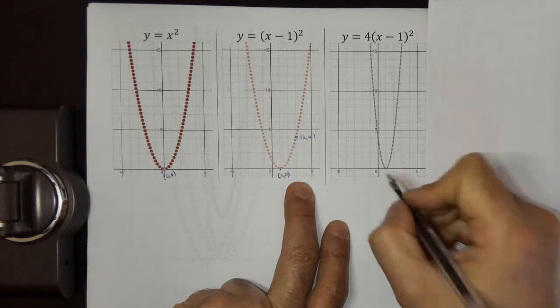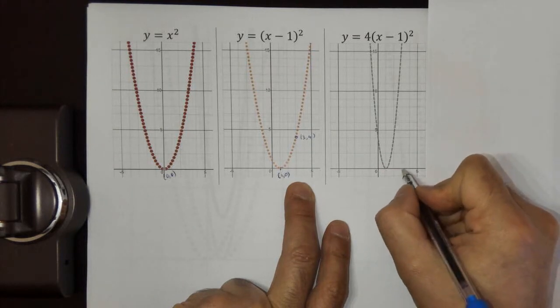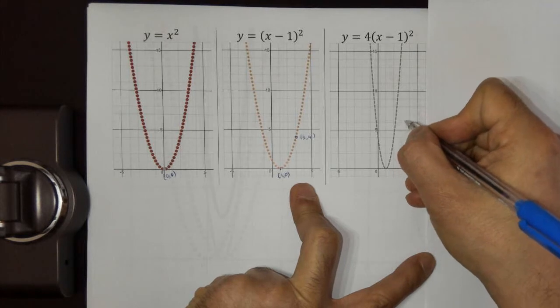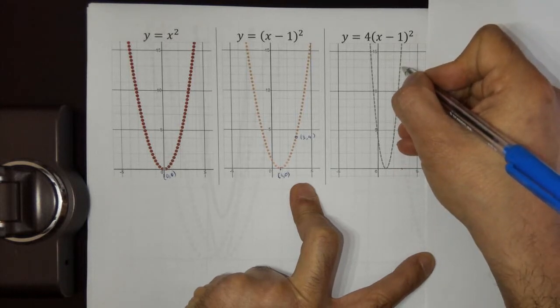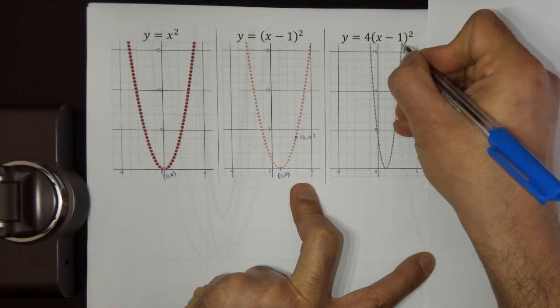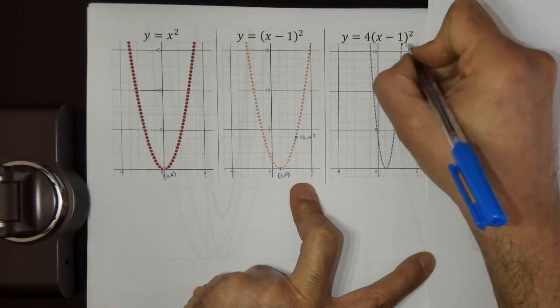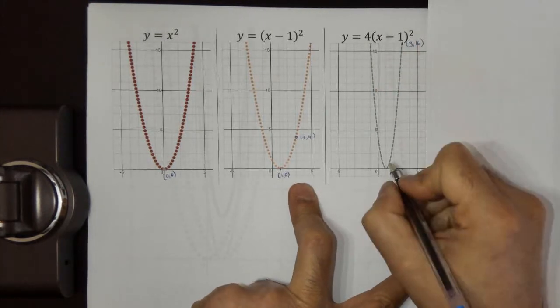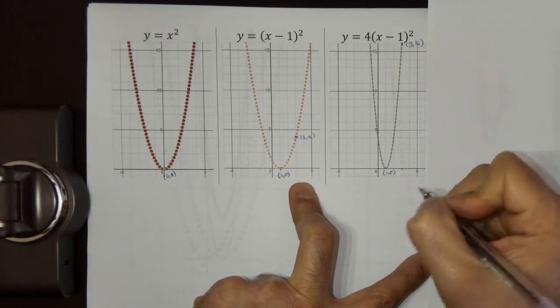And what's happened is it's shifted all up. 4 times 4 is 16, so it's up here. So that point has now become 3, 16. This has still stayed at 1, 0.